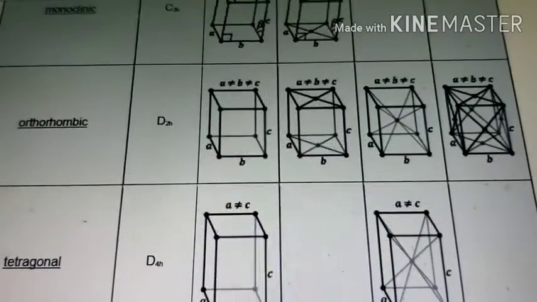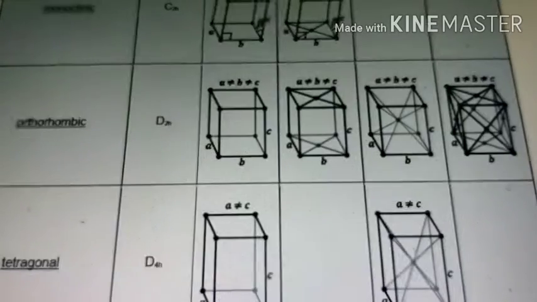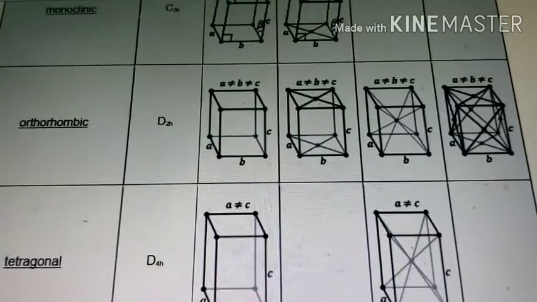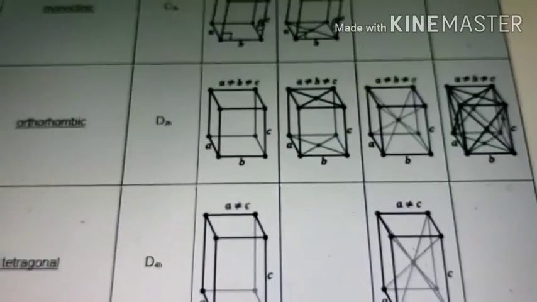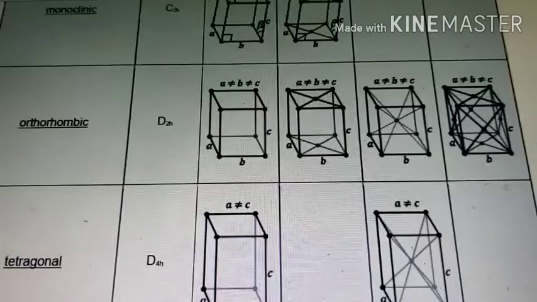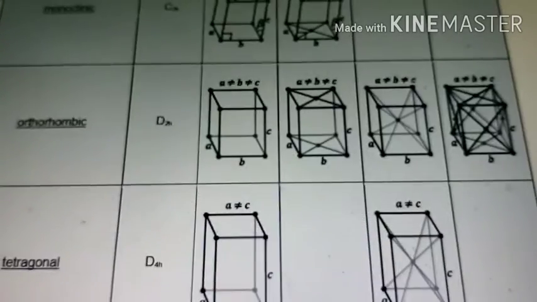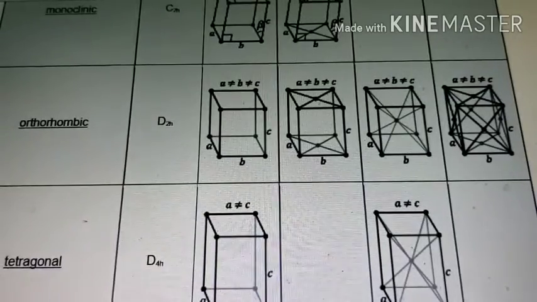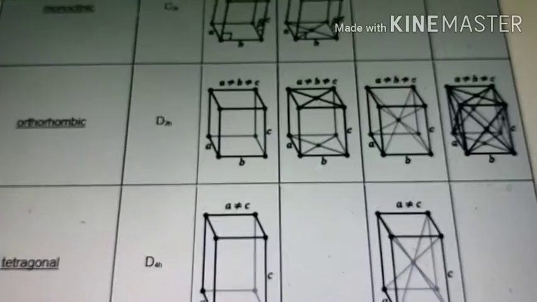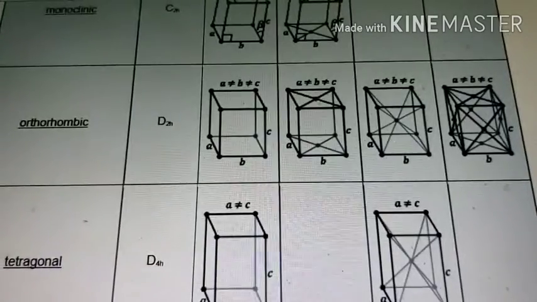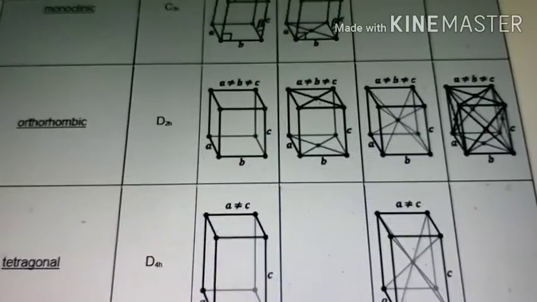In orthorhombic there are 4 types, in which all the sides are not equal but all the angles are 90. In such a case there may be a simple cell, face-centered cell, body-centered and end-centered. So these are the various types.